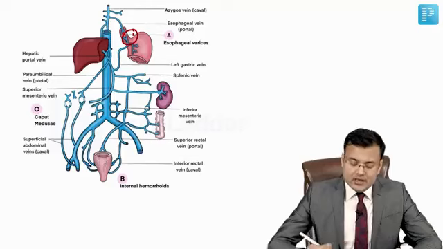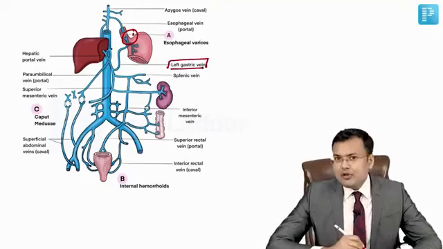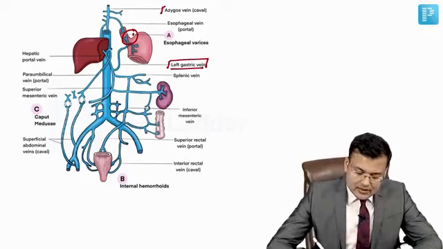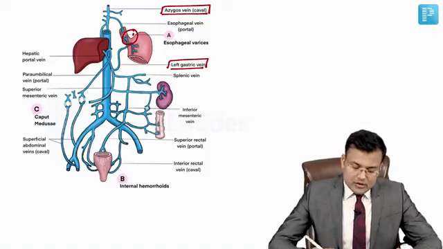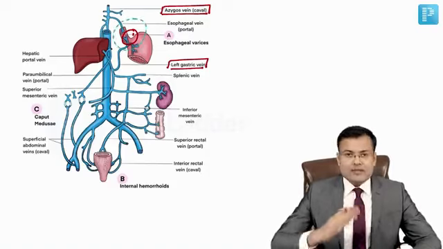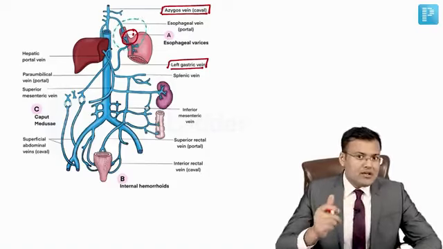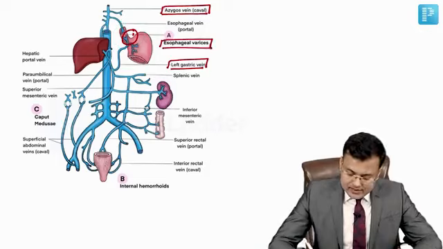Here you can see the left gastric vein, a tributary of portal vein, and here the azygous vein, which is a tributary of systemic vein. So there is a portosystemic anastomotic site between these two structures, and because of formation of venous collaterals there is formation of esophageal varices. So here you can see esophageal varices.